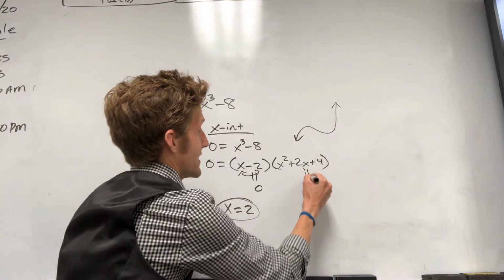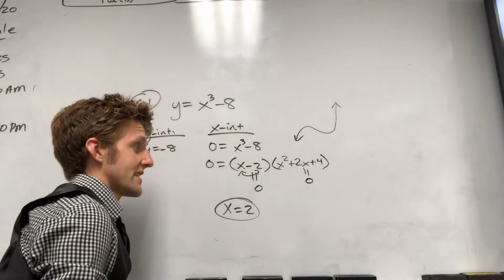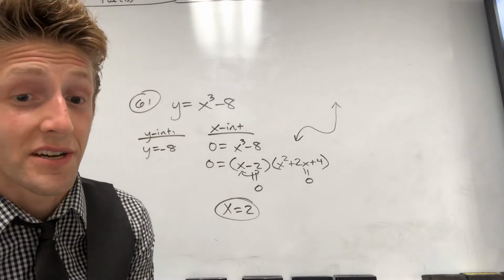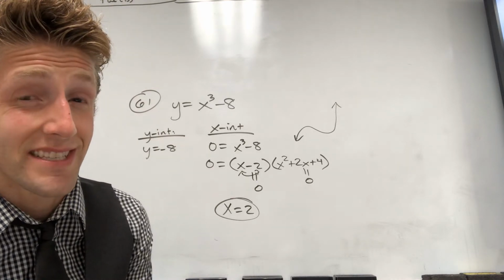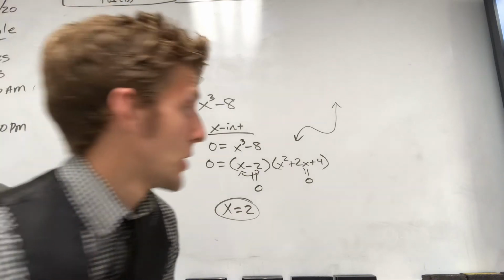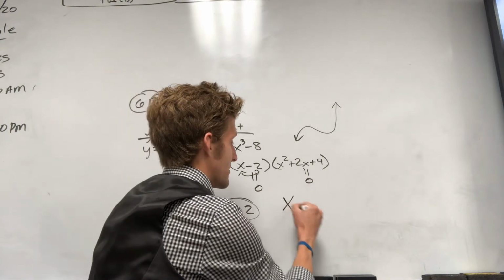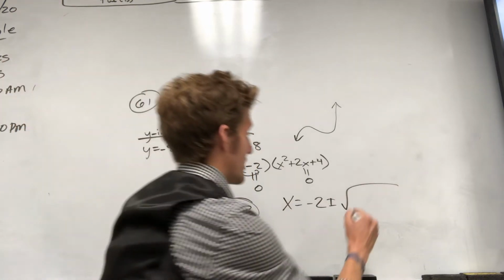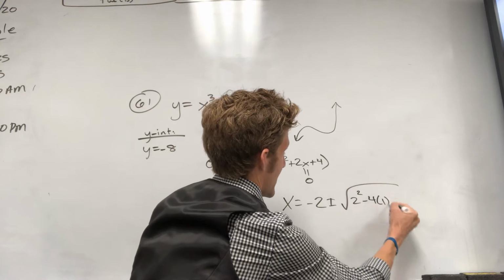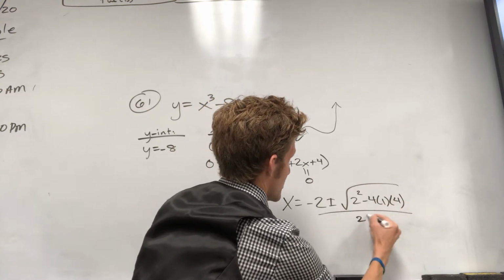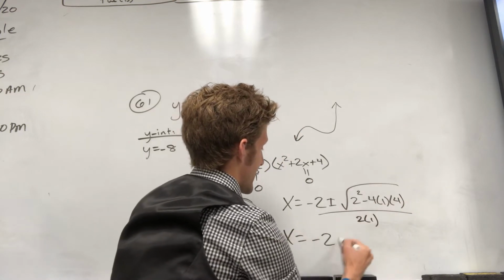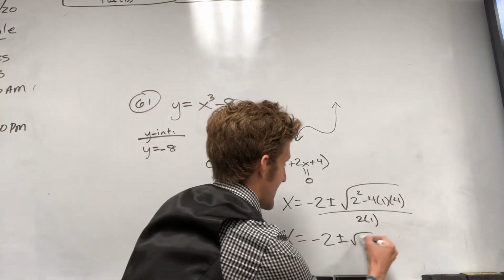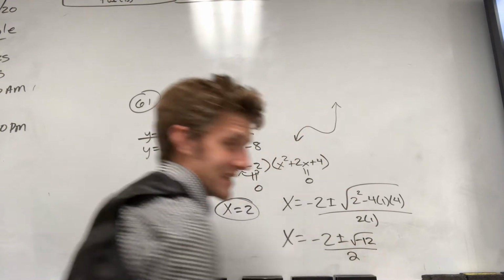To find the other solutions here, you'd set that equal to 0. You're going to have to use the quadratic formula, from Honors Algebra 2, Chapter 6. Yes, you know that these are going to be imaginary. x equals negative b plus or minus the square root of b squared minus 4ac, all over 2a. x equals negative 2 plus or minus the square root of negative 12, divided by 2.